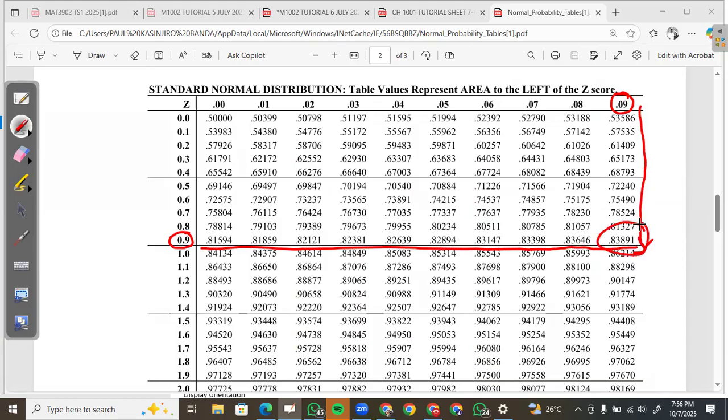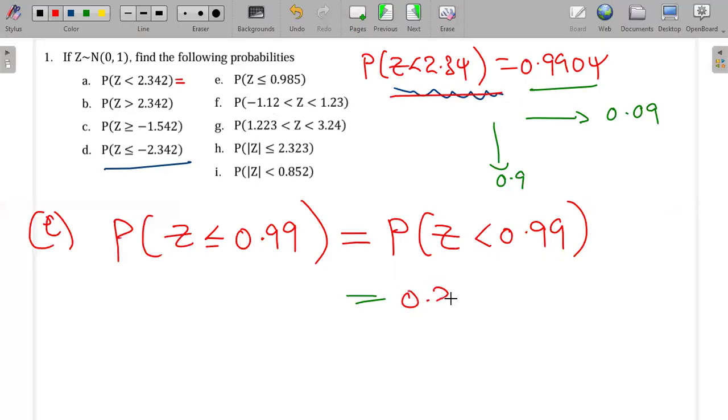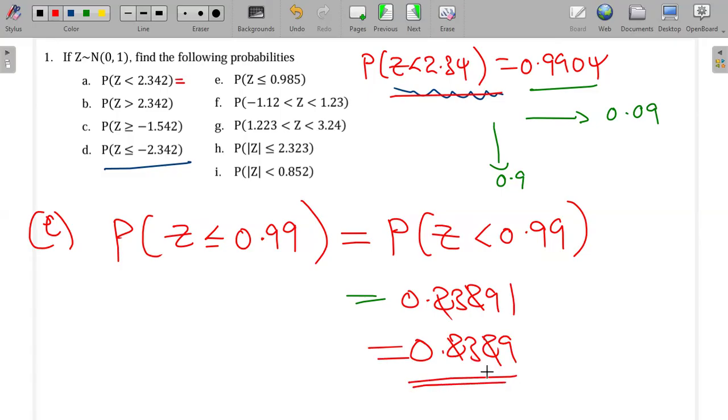You see, that is my probability there: 0.83891. Rounded off to 4 decimal places, it will be 0.8389. So that would be the answer there on E.